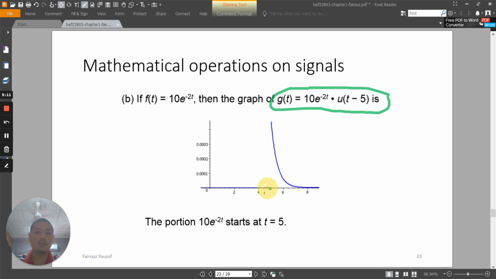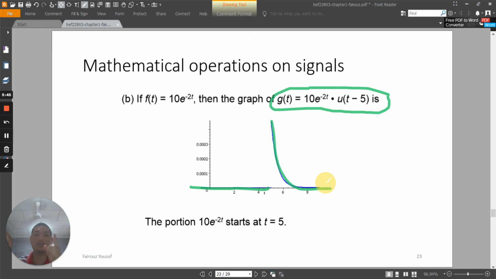So before 5 it is 0, and after 5 it is 10e^(-2t). Here 10 is way up, you cannot see it because the scale is very small. Then that is the exponential decay, from here to here.